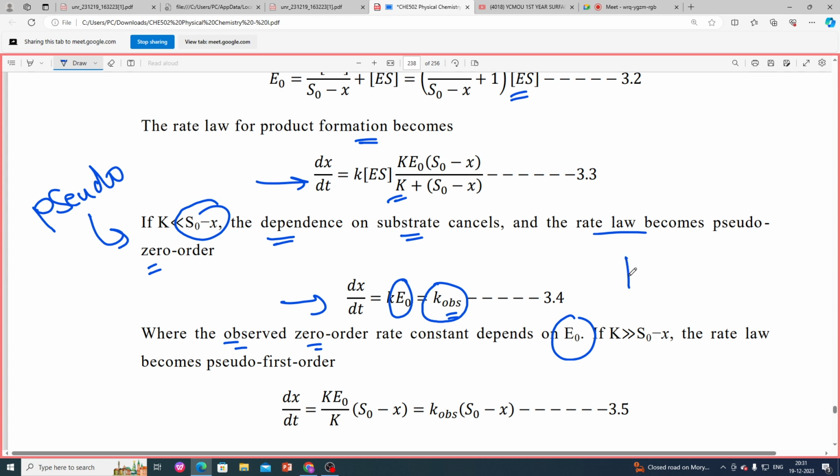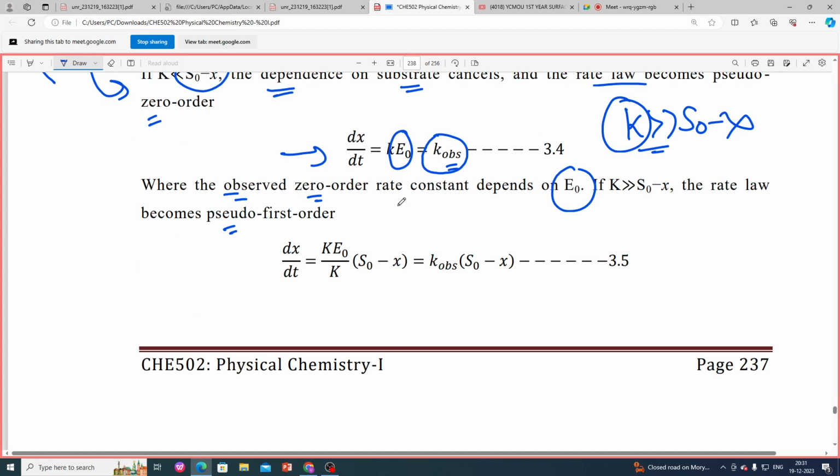If K is very greater than h0 minus x, then the rate law becomes pseudo first order. तब हम लोग बोल सकते हैं कि रेट लॉ फर्स्ट ऑर्डर है. So here we can write dx upon dt is equal to k e0 divided by k, in bracket h0 minus x, which is equal to k observed times h0 minus x.